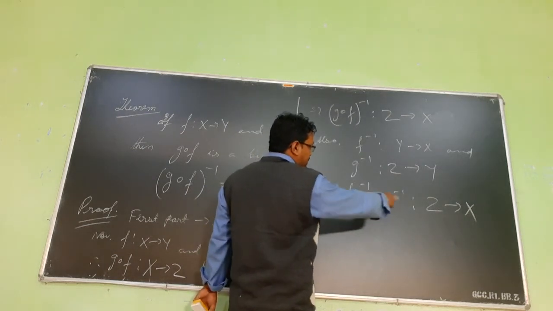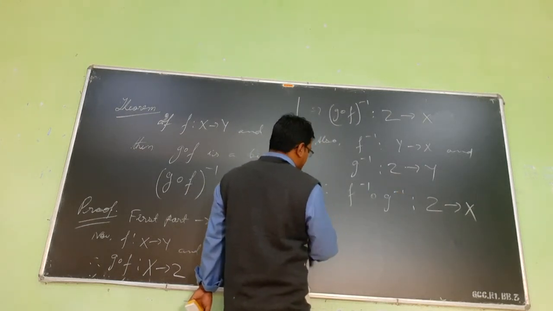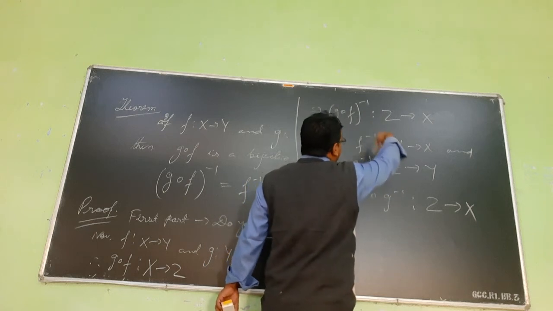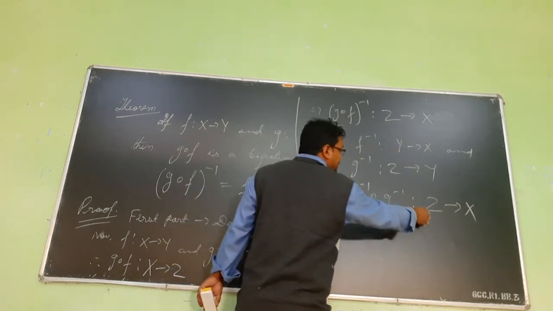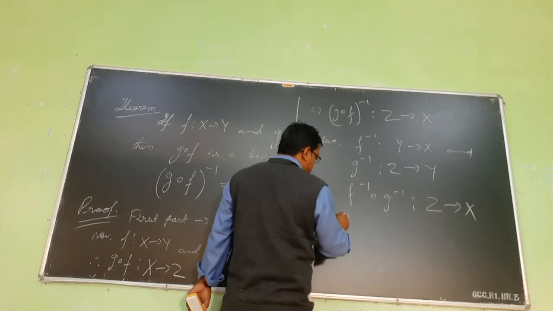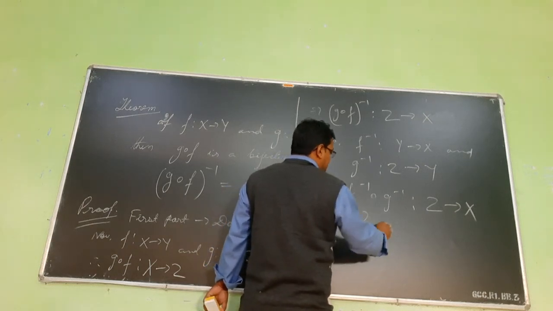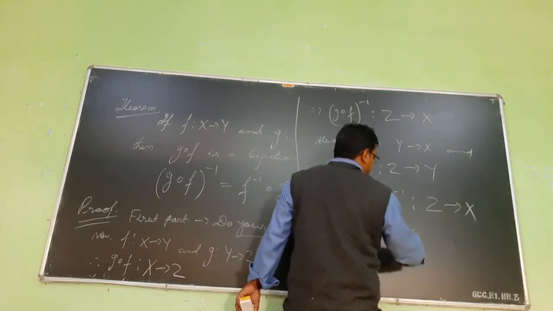f inverse ∘ g inverse is a function from Z to X. Okay, so I have to show these two are actually equal. So what I have to do, I have to take an arbitrary element from Z. Let small z belong to capital Z be any element.